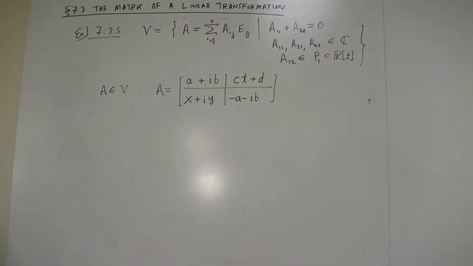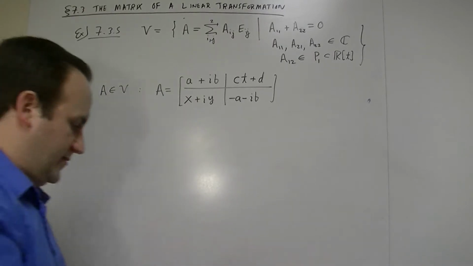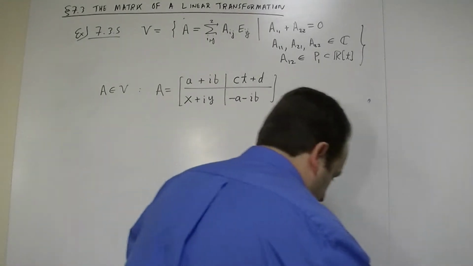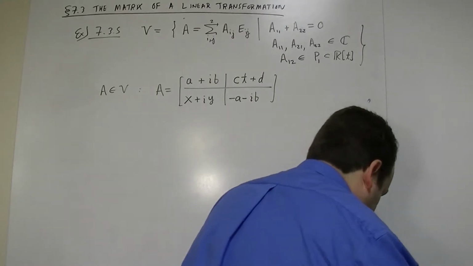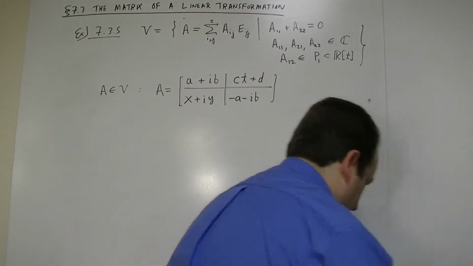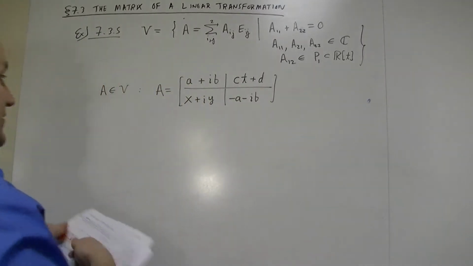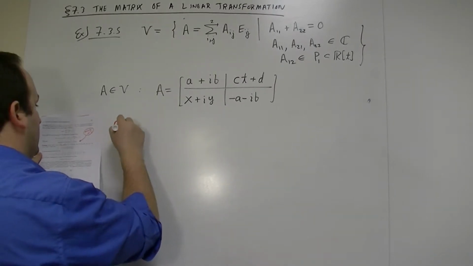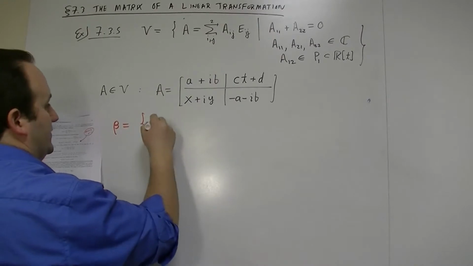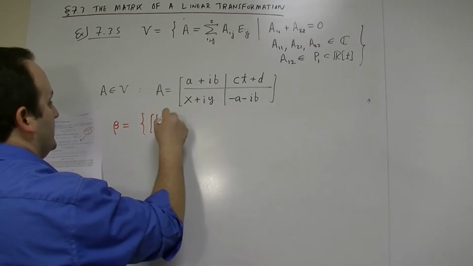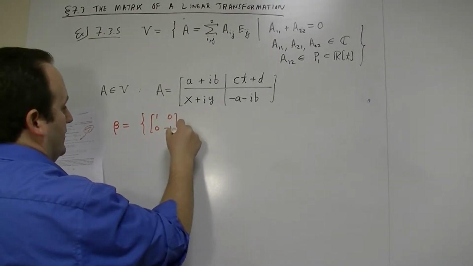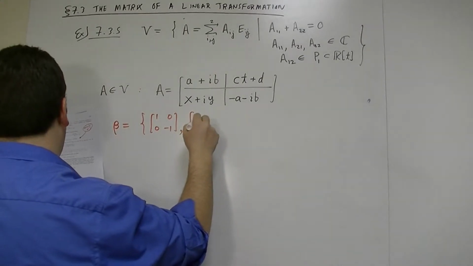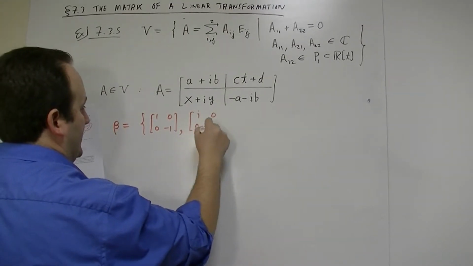So a natural choice of basis here, in my humble opinion, and you could put these in different orders if you want, but this is definitely what I would do if for some odd reason I was working with such an example. First of all, I would do the matrix 1, 0, 0, minus 1, and then i, 0, 0, minus i.